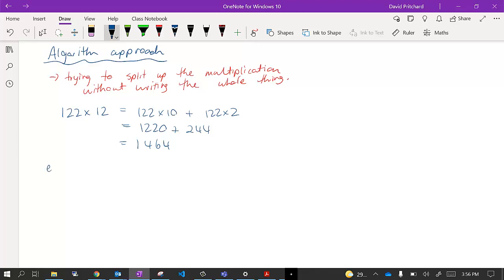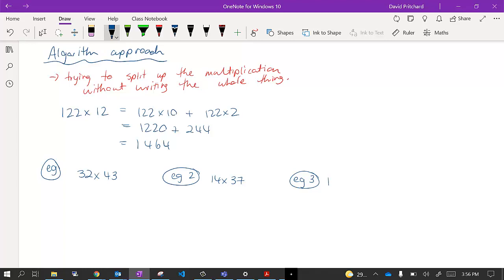So let's do a couple extras. So let's say 32 multiplied by 43, e.g. 2. Let's look at 14 multiplied by 37, and e.g. 3.